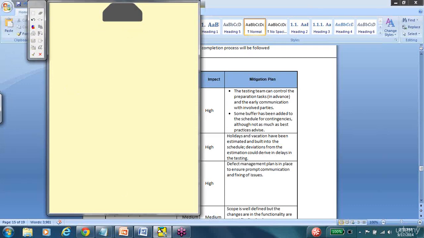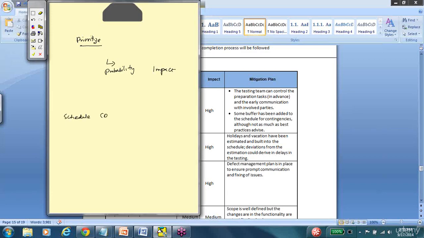The next thing is impact analysis. Impact analysis is nothing but a way to prioritize the risks. There are two factors here: one is the probability of occurrence and the other is the impact. Let's take a look at two things. One is schedules.